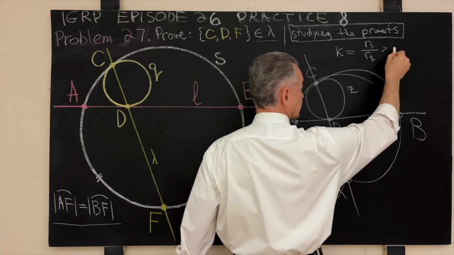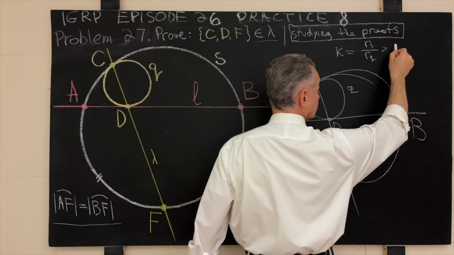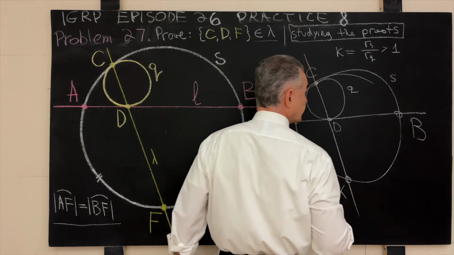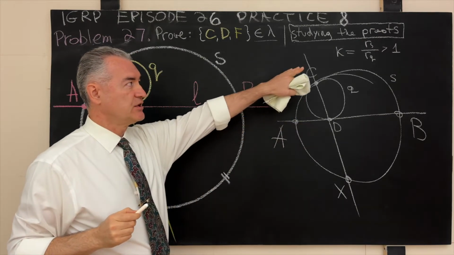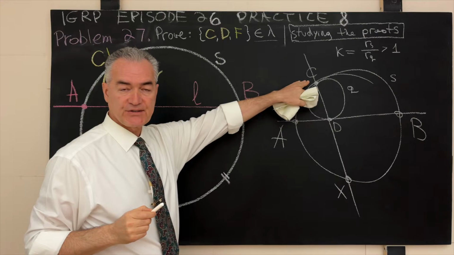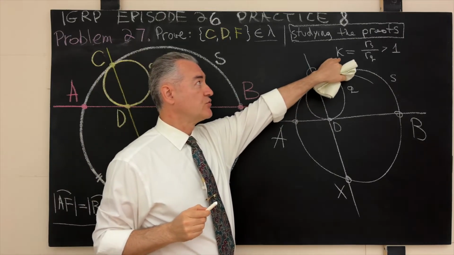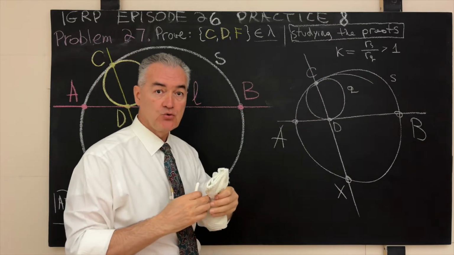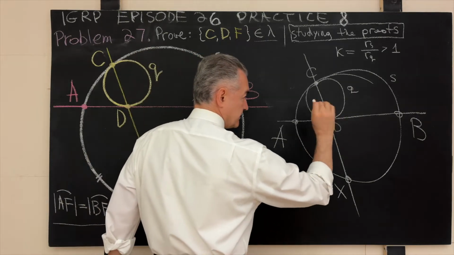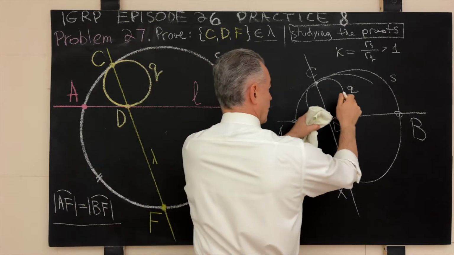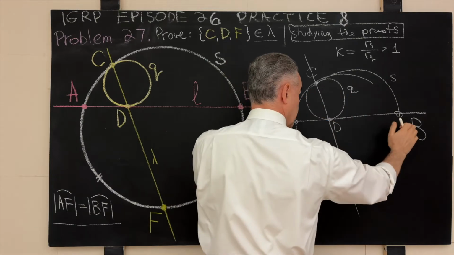So this coefficient is positive and it is greater than 1. And what that means is that the homotopy of the parent plane centered at the point C with the coefficient K will be a uniform expansion of the parent plane that, intuitively speaking, will blow up circle Q into the circle S.